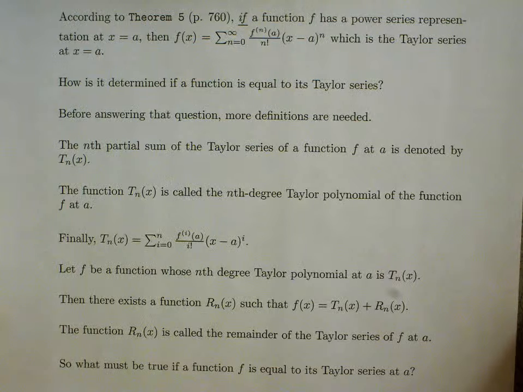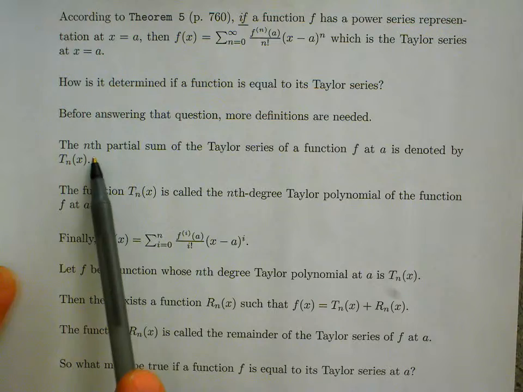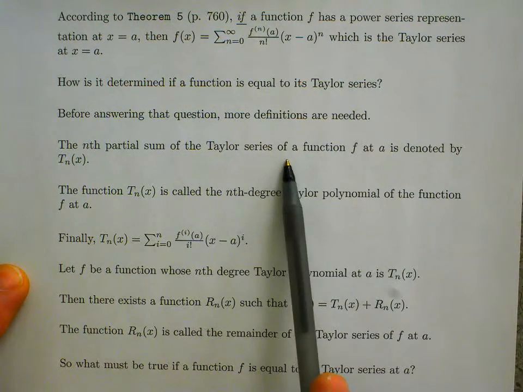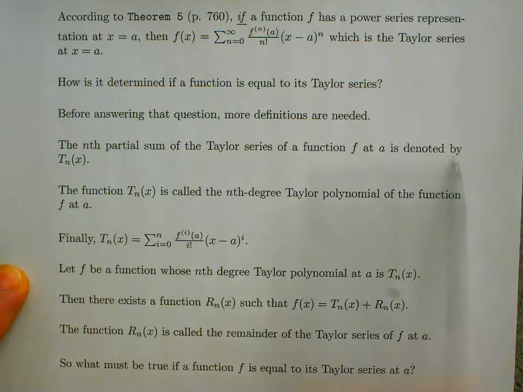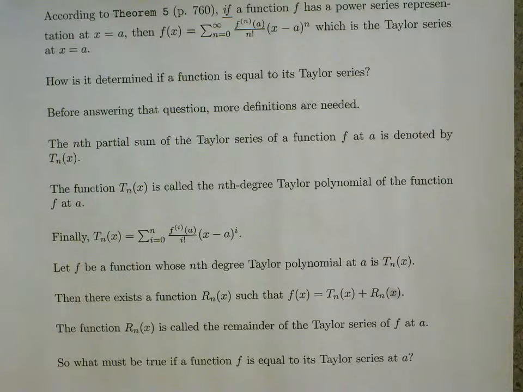Remember that series have partial sums. So the nth partial sum of the Taylor series of a function f at a is denoted by T sub n of x. In earlier sections, we used capital S sub n to represent the nth partial sum of a series.